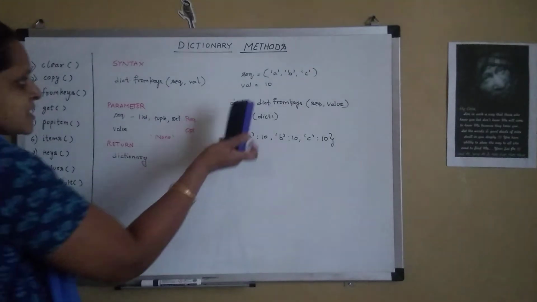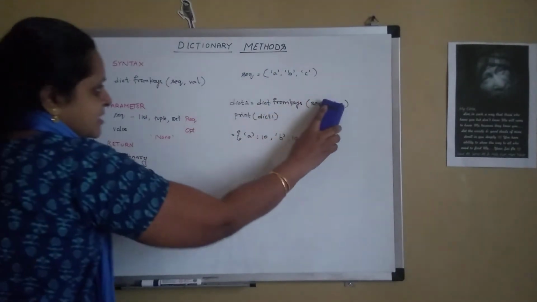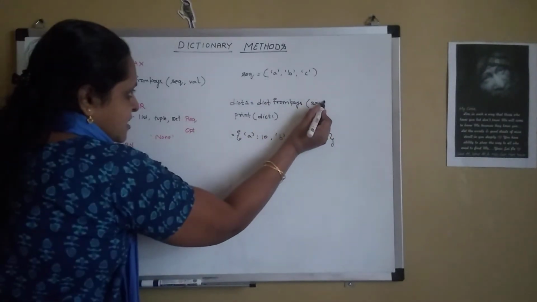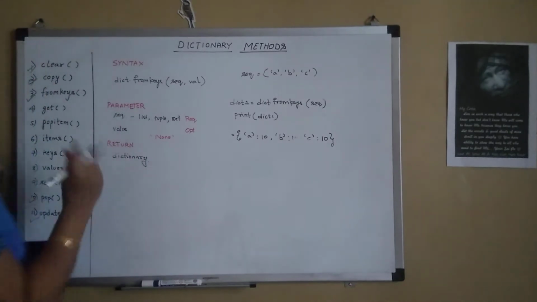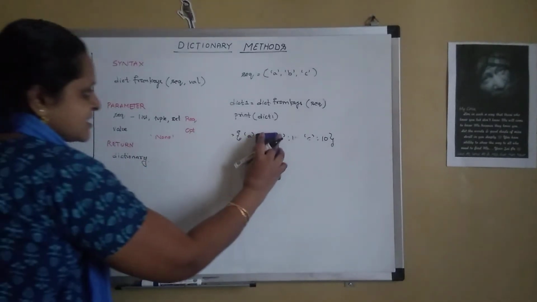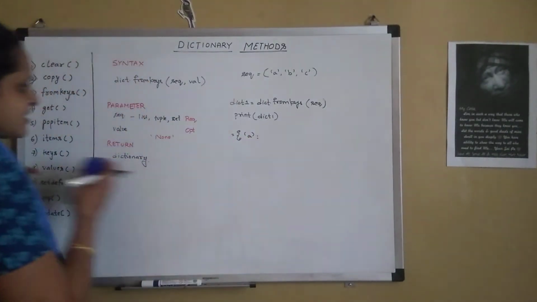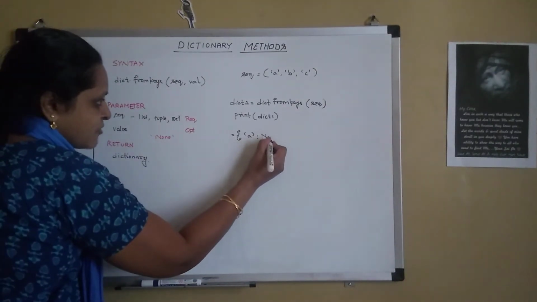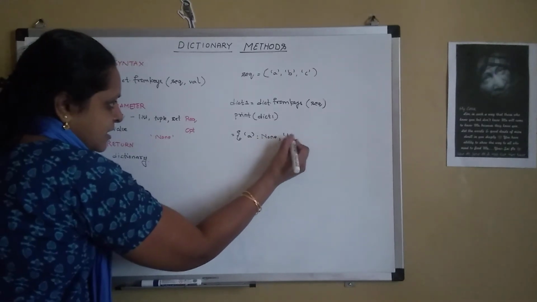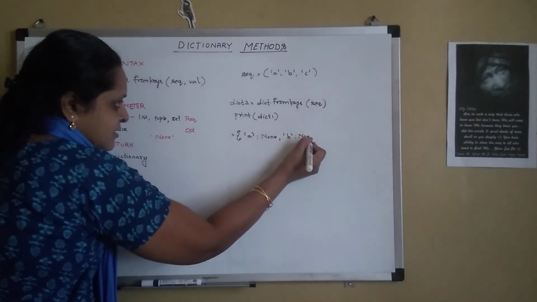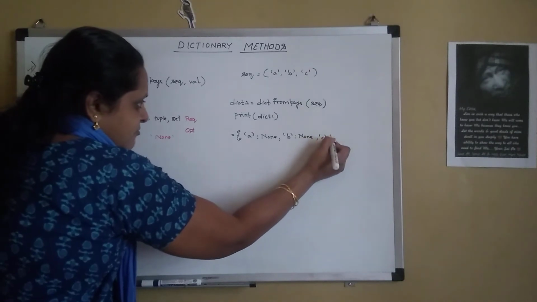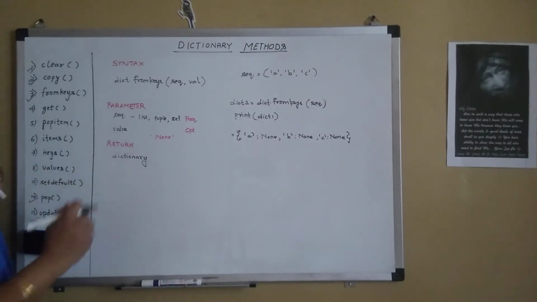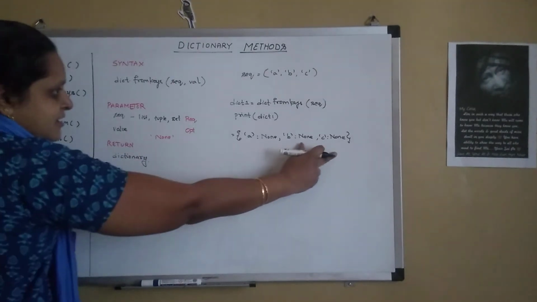And now suppose I don't give any value. Let me pass only the keys. So what will happen in this particular scenario? In this scenario, the value will have a default value which is equal to None. So A, value is None, B, value is None, and C, value is None. So with the keys and value equal to None, it will create a dictionary.